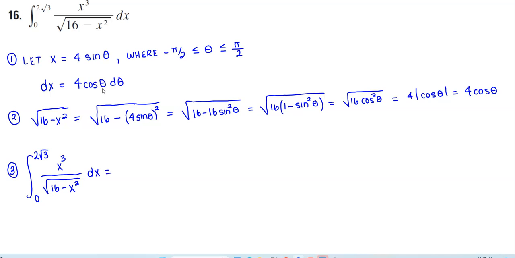And now we're going to go ahead and do our substitutions. Okay, so what do our substitutions tell us? Well, we know that x is going to be 4 times the sine of theta.